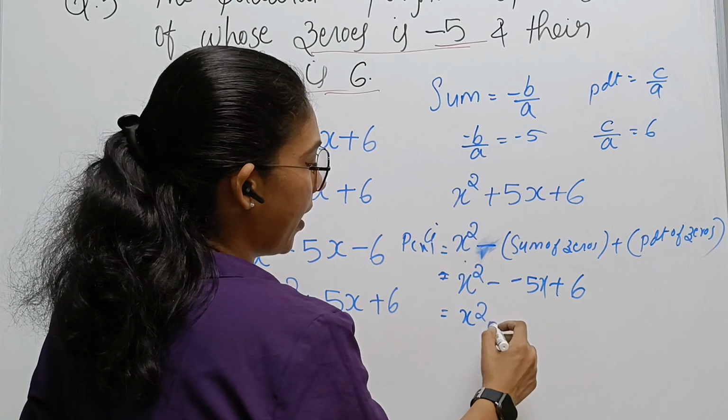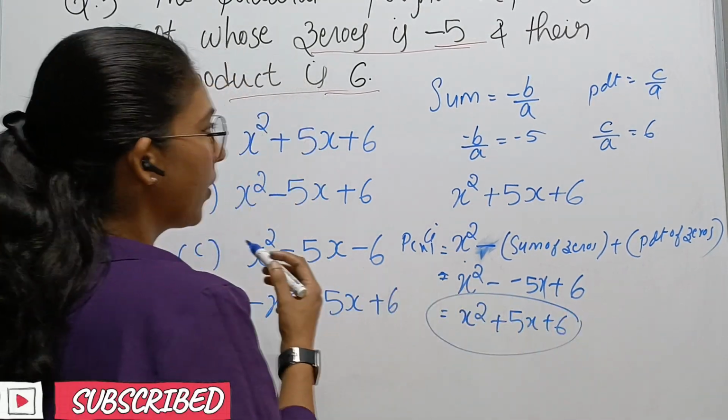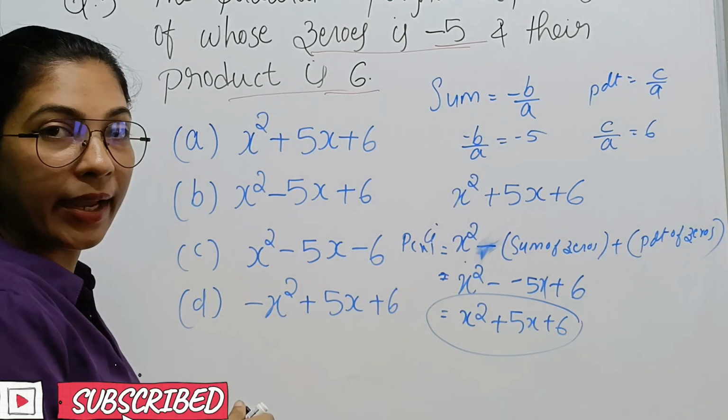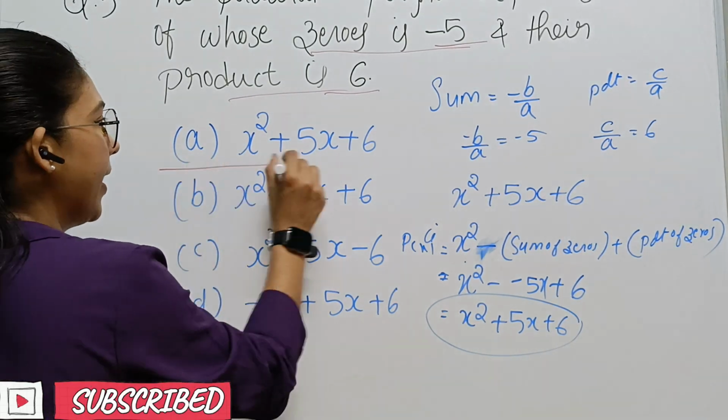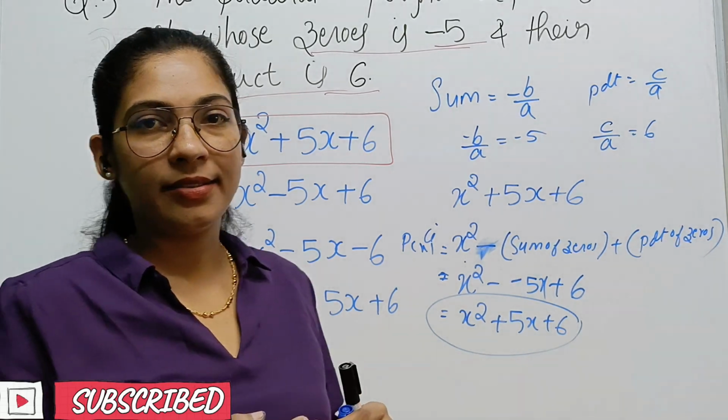That is x square plus 5x plus 6, which is the required polynomial, and option A is the right option. Okay, so this is the answer.